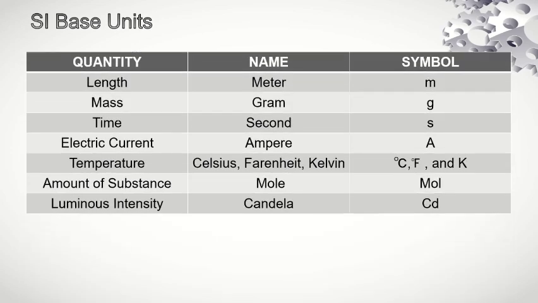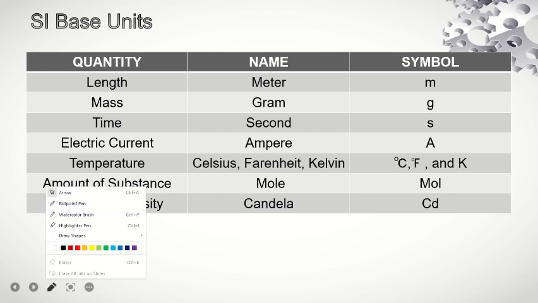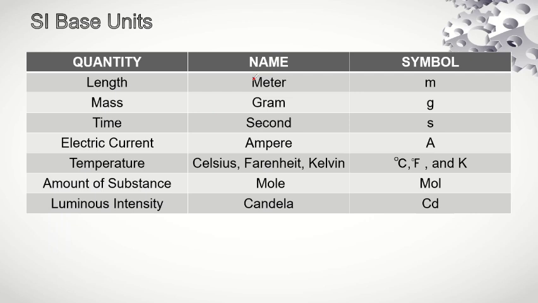SI base units, these are. In length, the unit name is meter, right? Then the symbol is M. Mass has the unit name of gram, and the symbol is G. Time, second, yung unit name, tapos yung symbol niya.